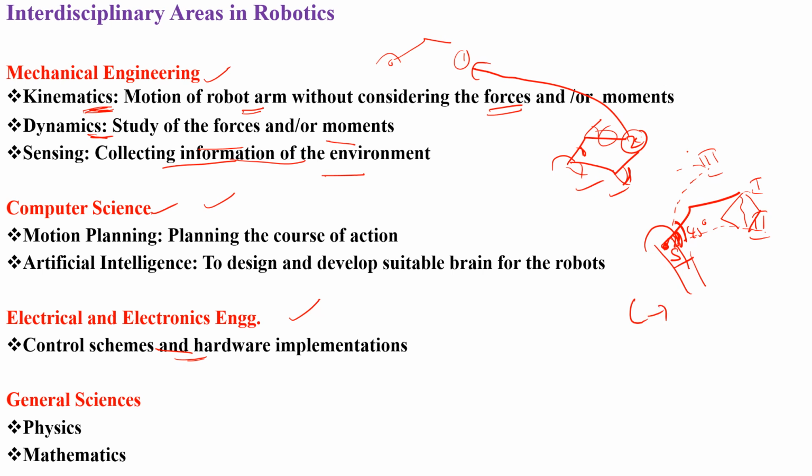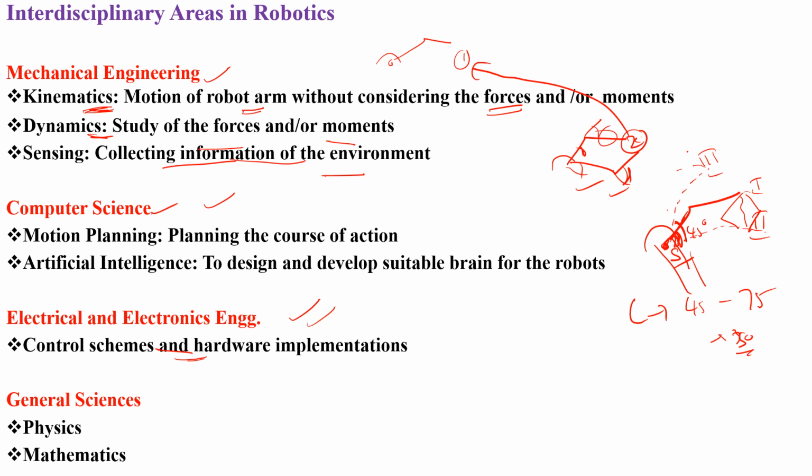In that controller, the current angle of 45 is compared with the required angle, which is 75. So the difference is 30 degrees. Based on this, you have to give the actuation so that this link will move to this side. For that we need control schemes, so we have to use electrical and electronics engineering.